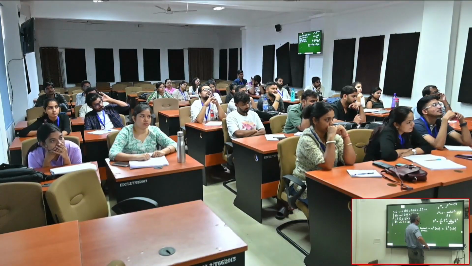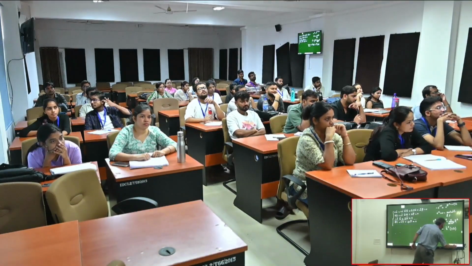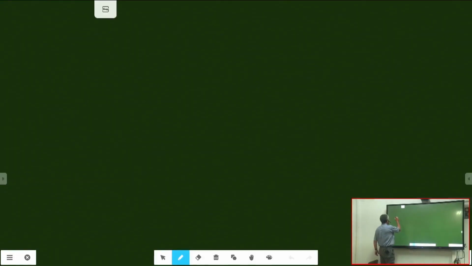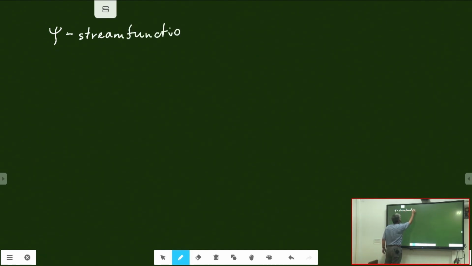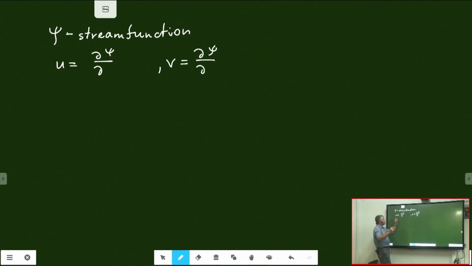So let me create a page here so that we can discuss that. What we have here is a stream function, and remember, u is equal to the partial of psi with respect to y, and v is equal to minus the partial of psi with respect to x.